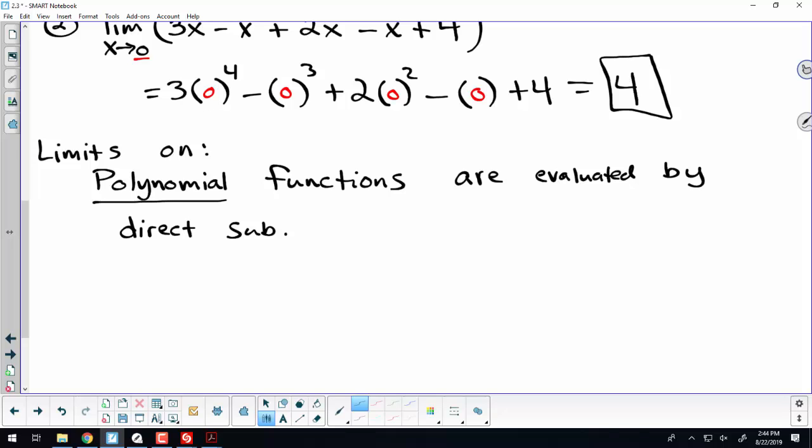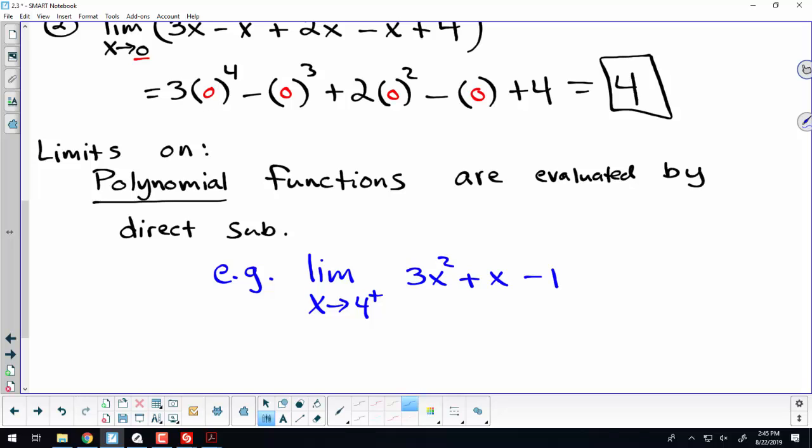And so that's also implying the one-sided limits are evaluated the same way. So the limit as x approaches 4 from the right of the function 3x squared plus x minus 1.